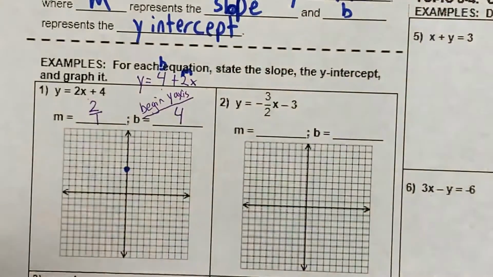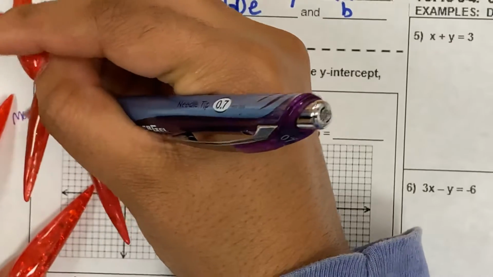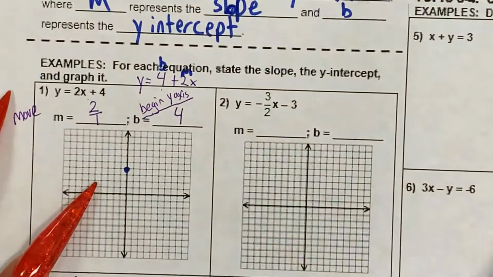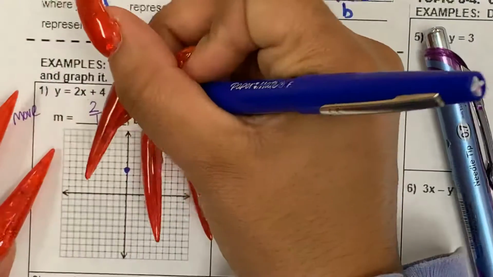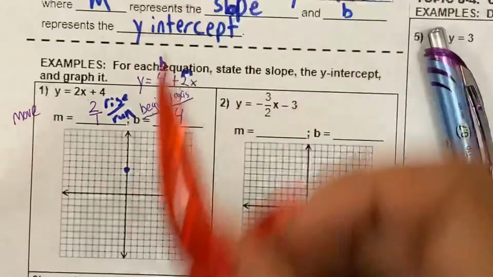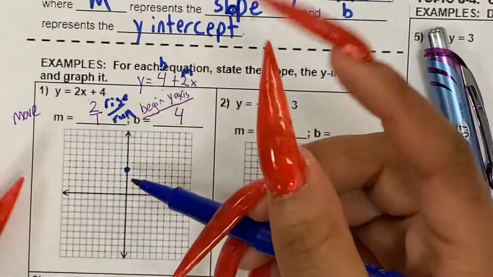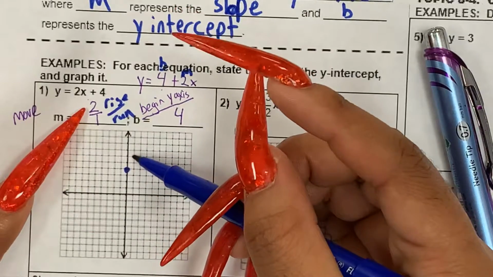My slope, I like to think of this as how you move: rise over run. So I begin at 4. I'm going to rise 2, run 1.